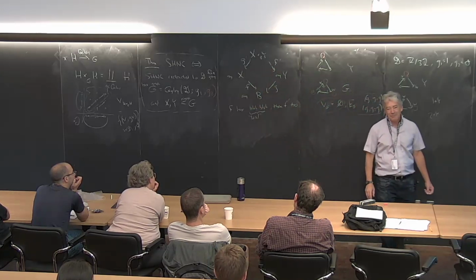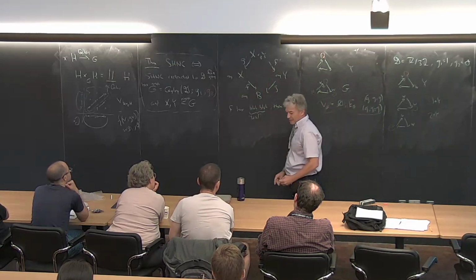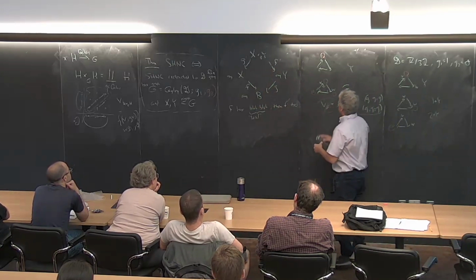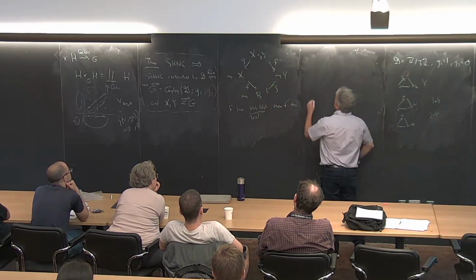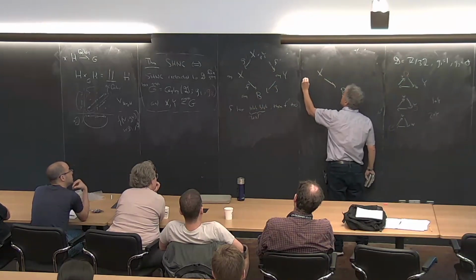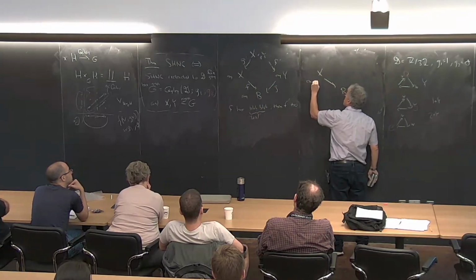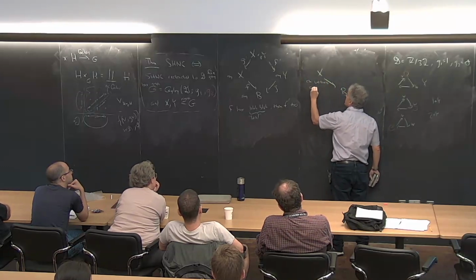So, can you give an example for these graphs? Yeah, so let's say, I'll give you some simple examples. So let's say you have a map X to B, and on the vertices, this is 5 to 1.